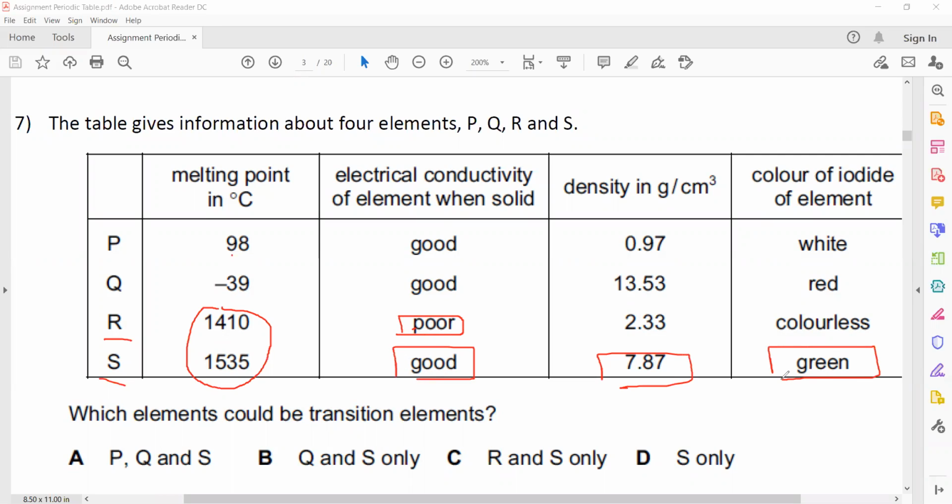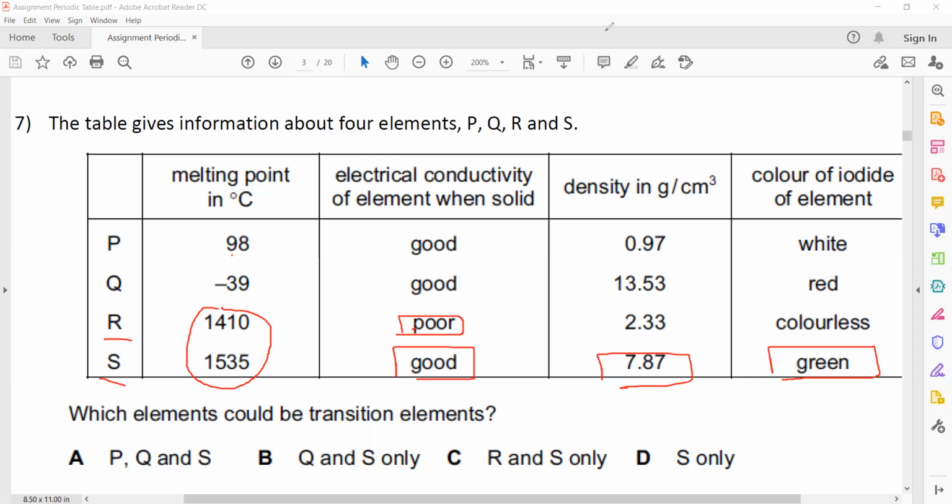So it should follow. Look, what you have to check: the melting point should be high, density, color, and electrical conductivity, because it's a metal, so it should conduct electricity. So why Q cannot be?